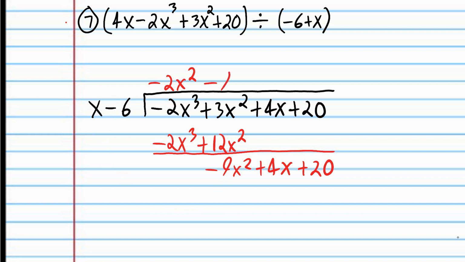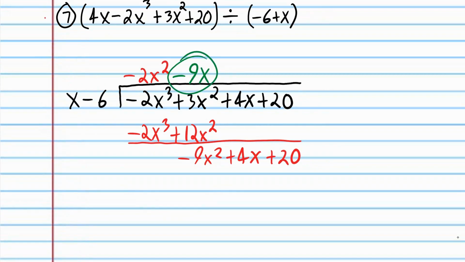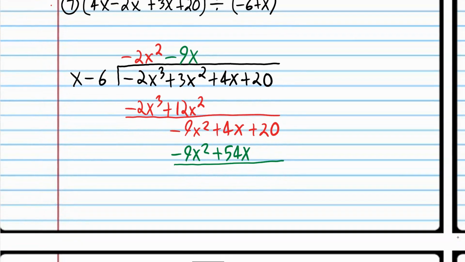And the answer is negative 9x. Then step number 2 is to multiply. We get negative 9x squared. And negative 9x times negative 6 is positive 54x. And then we're going to subtract. This is step number 3. And we get negative 50x plus 20.